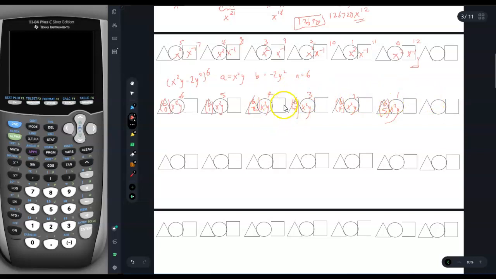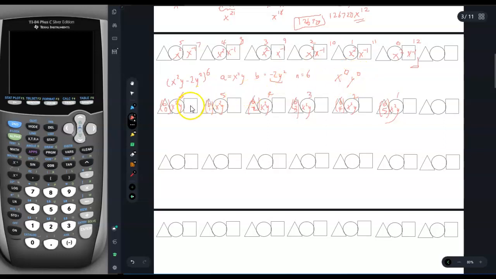Okay, there's one more term. And now we're going to put negative 2y squared in the squares, except we don't need the negative 2 yet, because the negative 2 doesn't contribute to the variable part, and we're just trying to figure out when the x and the y variables have the same exponent.